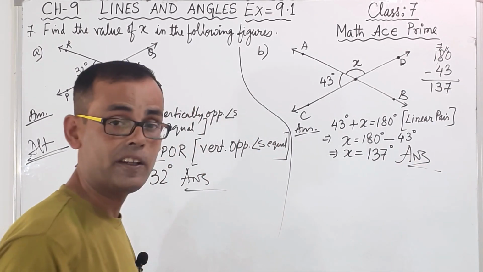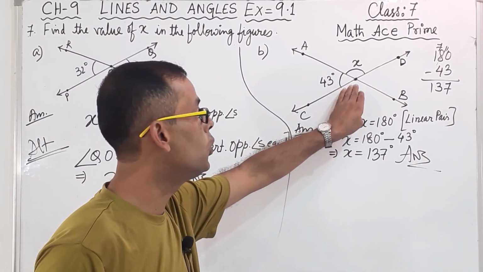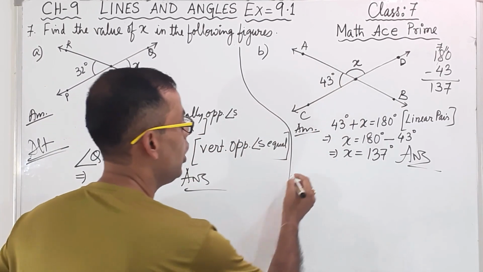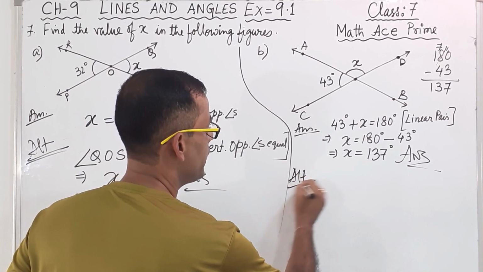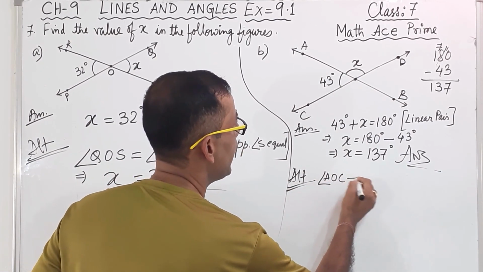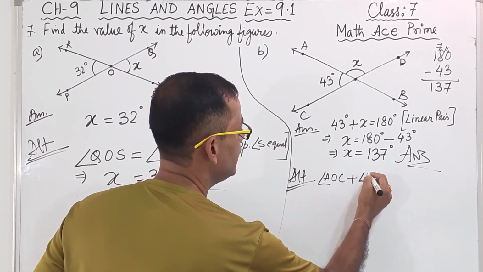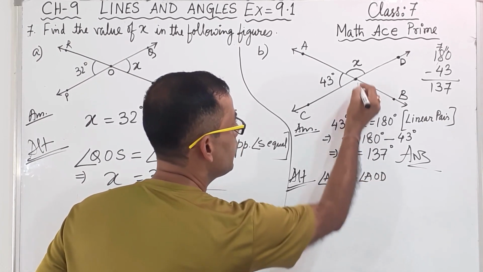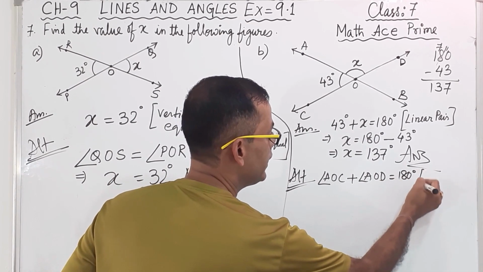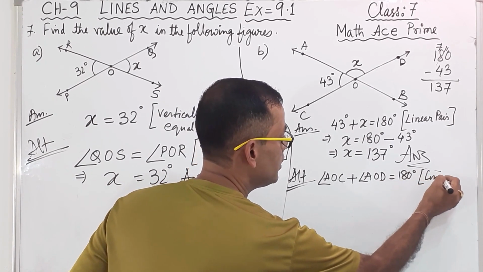Clear? Alternative way also you can do. You can put here O, okay, and then you can write angle AOC. I am showing you an alternative way. Angle AOC plus angle AOD equal to 180 degree. And this is what?